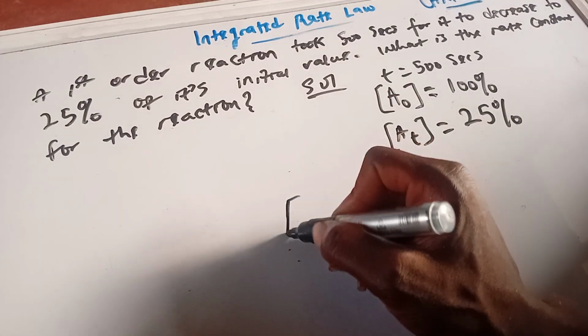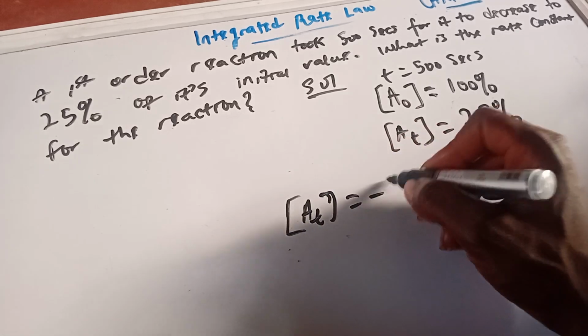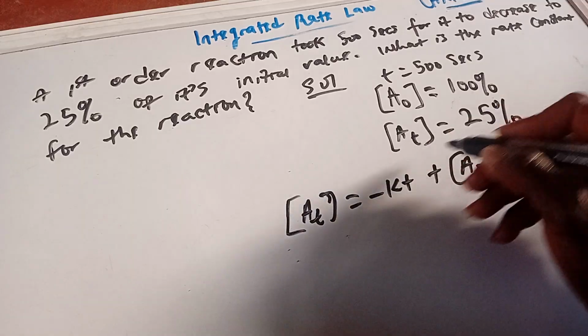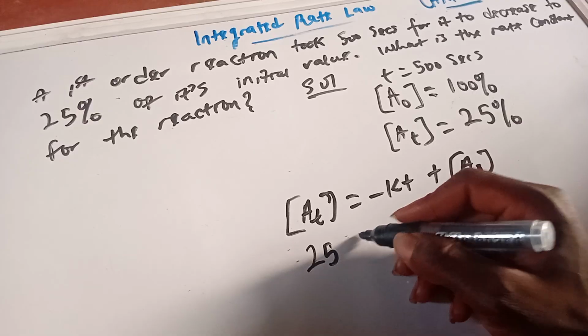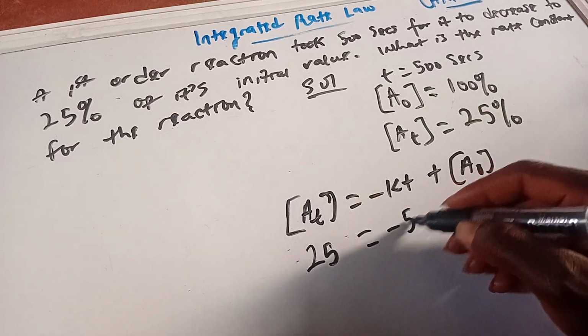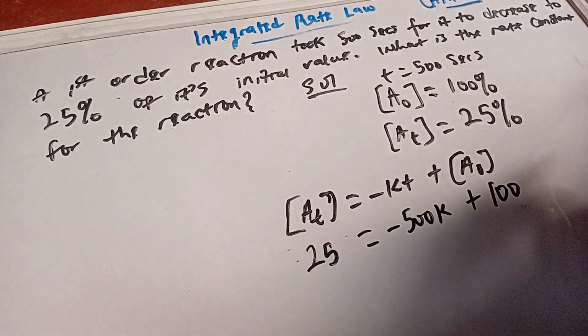So here we have the concentration A_t equals minus kt plus A naught, right? So A_t is 25 equals minus k times 500 seconds, that's 500k, plus 100, isn't it?